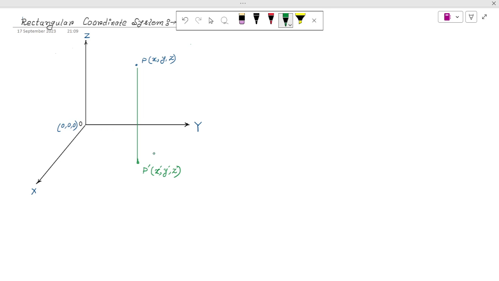So first we draw the parallel line of OX, and it will cut the y axis at a particular point. Next, a parallel line of OY must be drawn from P dash, which will cut the OX axis, sorry, very sorry, OX axis.